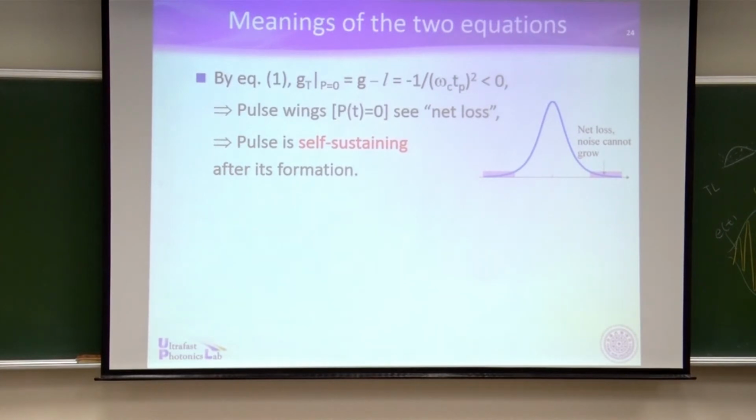But it will disappear when your laser power is 0, like in the pulse tail, the two pulse wings. In the two pulse wings or farther away, P of t is almost 0. If P of t is 0, then the SAM term does not occur. Okay? So your total loss is only the linear loss, small L only.